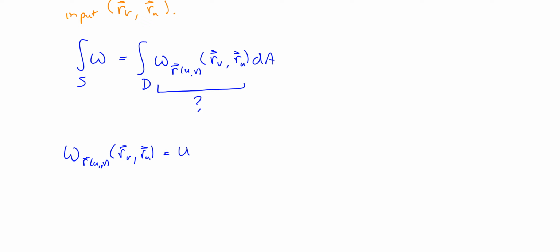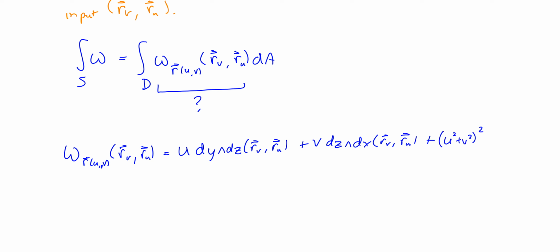And so we have u dy wedge dz of r of v, r of u, plus v dz wedge dx of r of v, r of u, plus (u squared plus v squared) squared dx wedge dy of r of v, r of u.